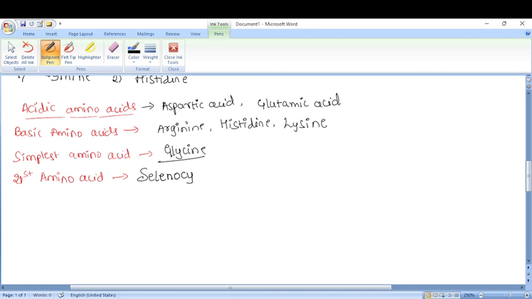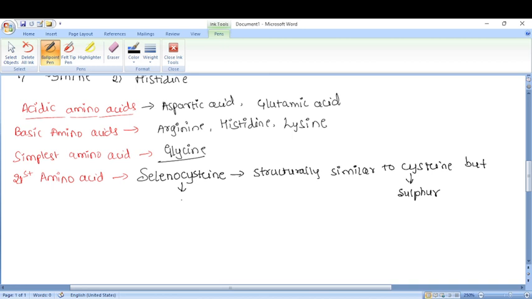Selenocysteine, this is the 21st amino acid, which is structurally similar to cysteine, but the difference between cysteine and selenocysteine is cysteine contains the sulfur group, but selenocysteine has selenium instead of the sulfur.